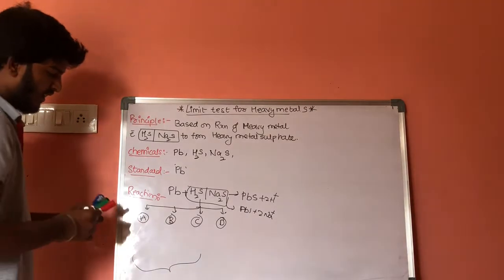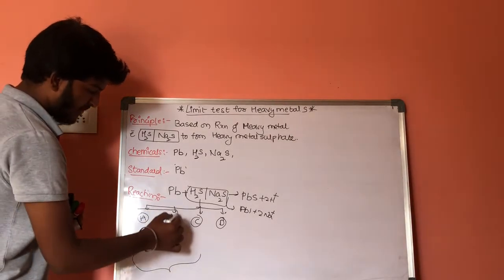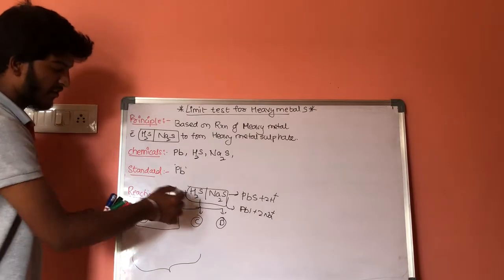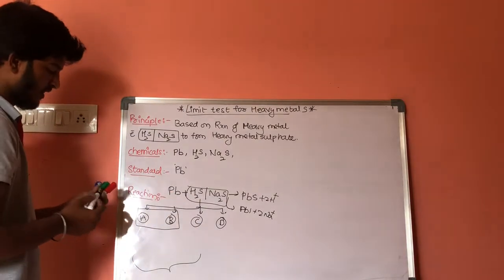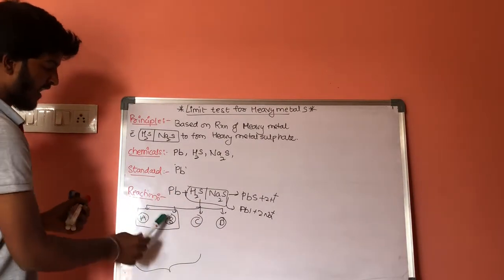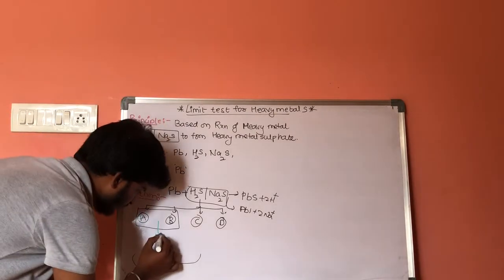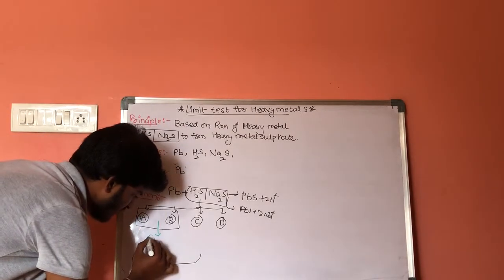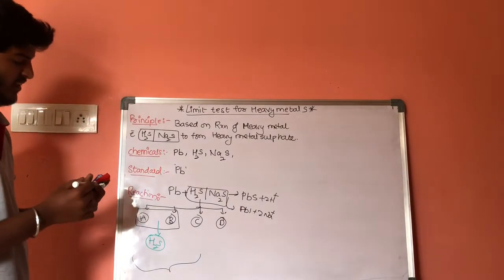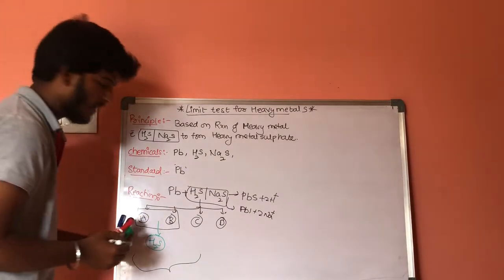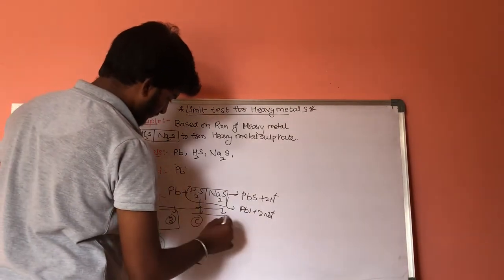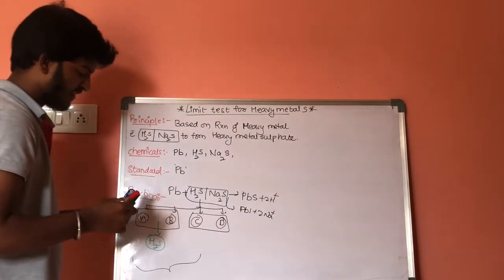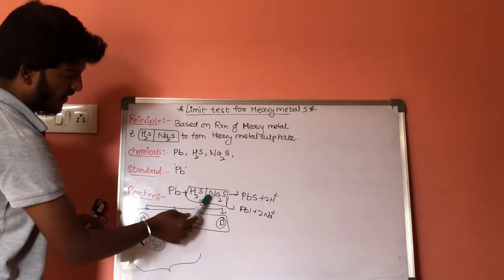Now, in case of method A and method B, hydrogen sulfide is used, whereas in case of method C and method D, sodium sulfide will be used.